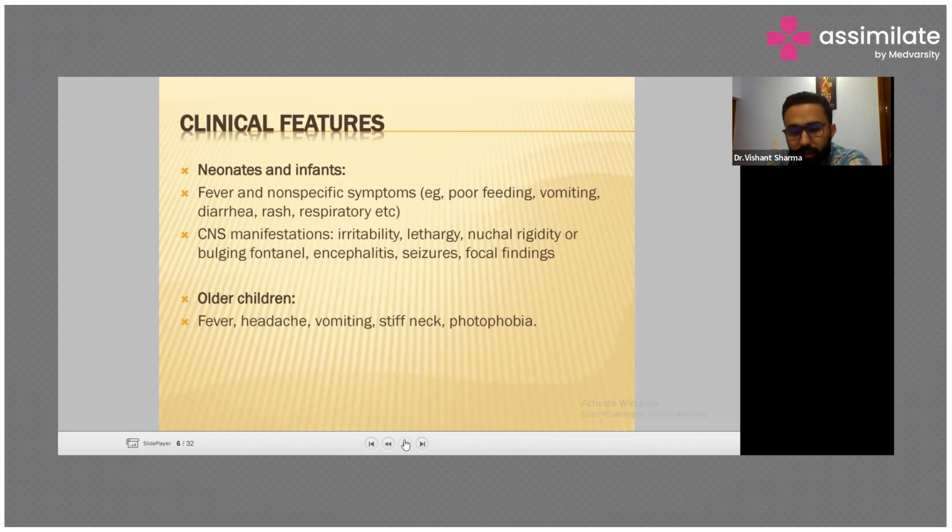You know the signs. If anyone can tell me what kind of signs we check for stiff neck? What is that sign we call? Anyone? What sign do we check to rule out a stiff neck in a patient, especially one suffering from meningitis?